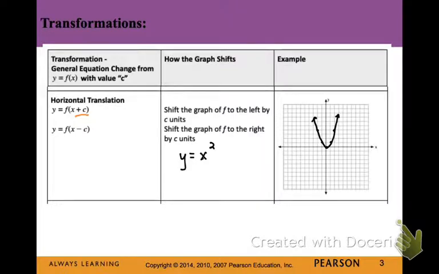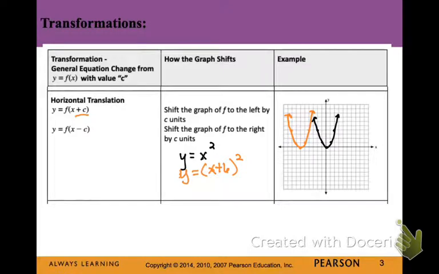So we're going to add values. You need to open a parentheses so that these values get added right into the input, to the x. Then you close and then put the squared. So this is going to shift each of the points that we've identified 6 units to the left. So I have plotted those, and now I'm going to draw my parabola, my U-shaped graph.